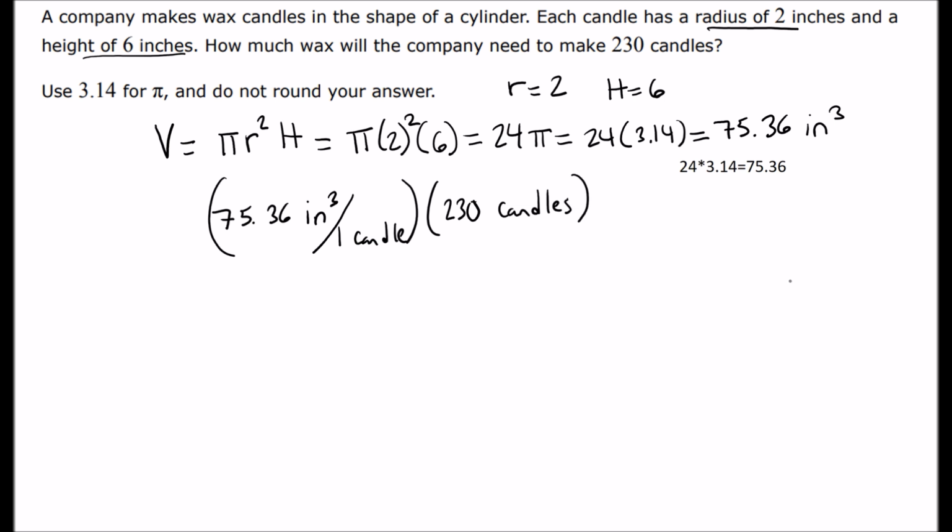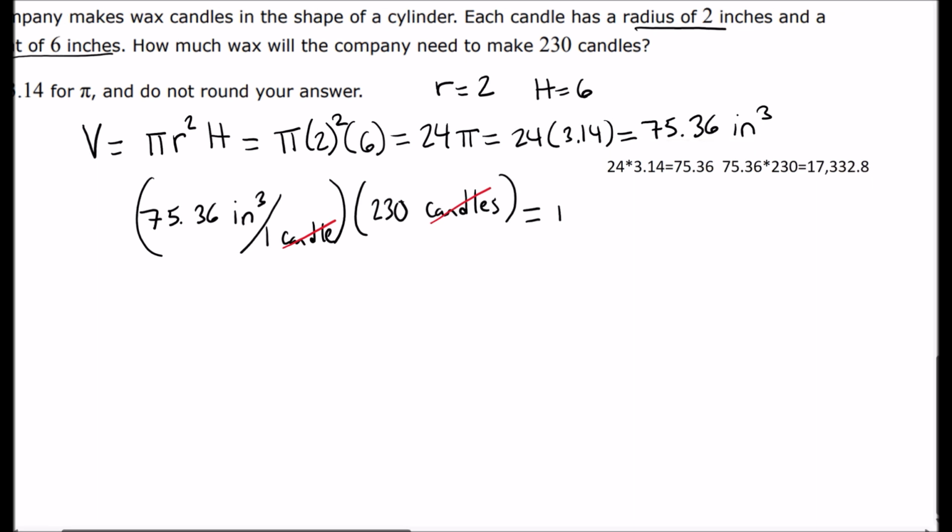And so notice that candles cancel, we get the amount of the volume that we need for the candles. So we got 75.36 times 230. We got 17,332.8 cubic inches of wax.